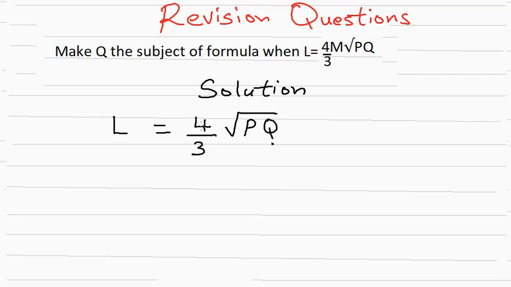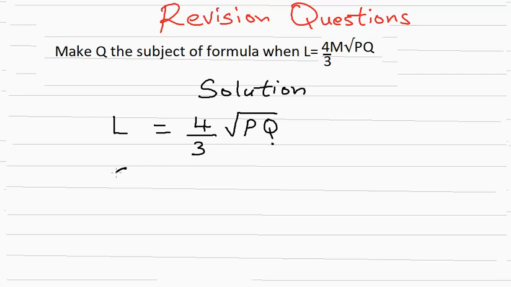To remove that restriction, you use the opposite of that particular mathematical operator. What I have here is a square root. PQ is found inside the square root, and for me to eliminate the square root, I will use square.